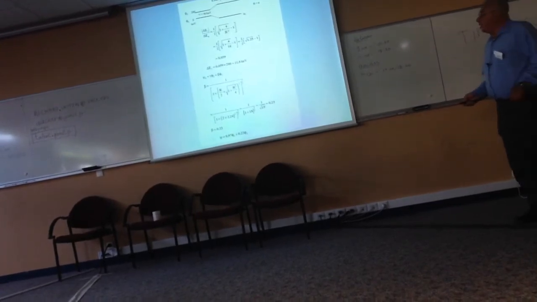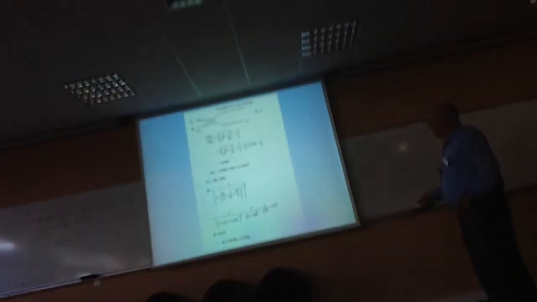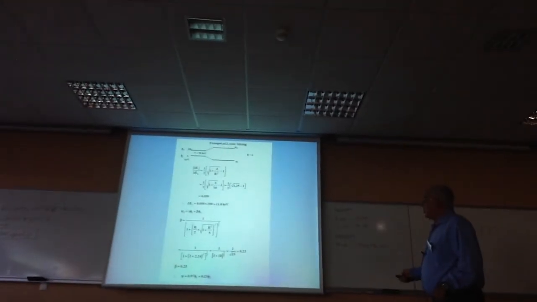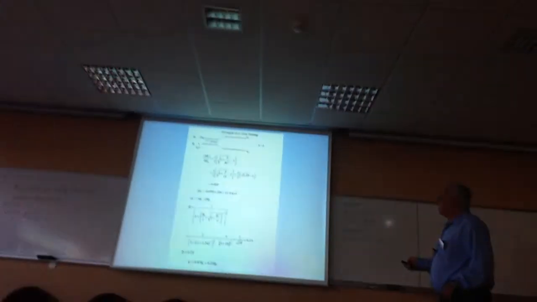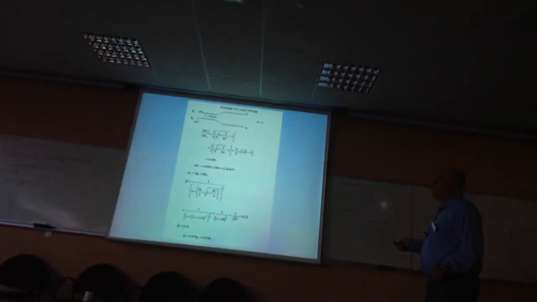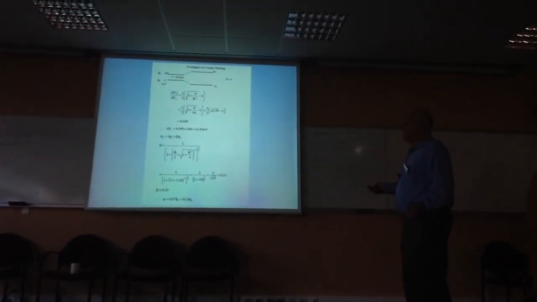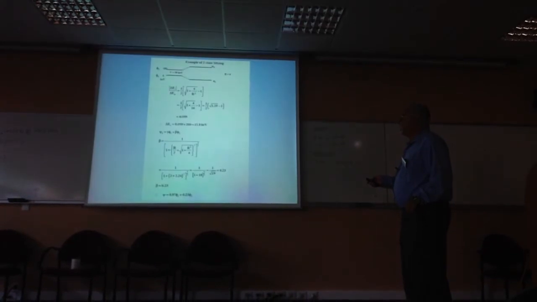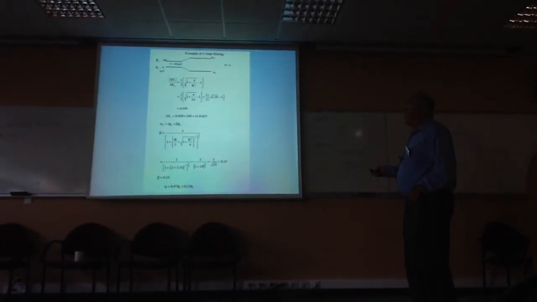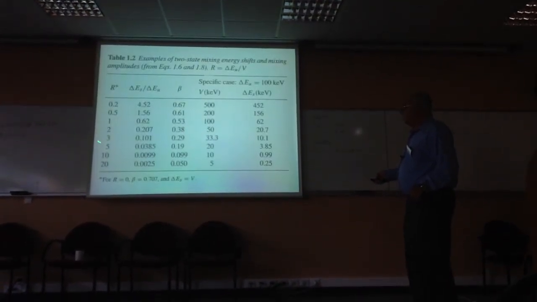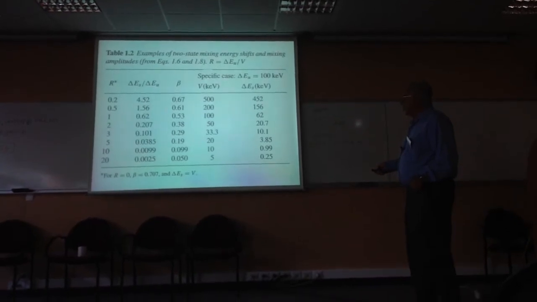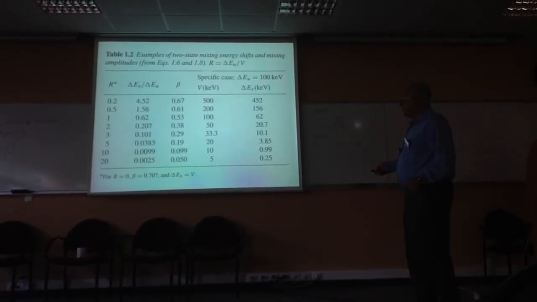All right. Here is a concrete example, which I don't think I'll go through, but it'll be in the slides. I take a case of two levels which are 200 kilovolts apart with a 50 kilovolt matrix element. So that's an R of 4, and that's in between 3 and 5, so you can already guess. But you can actually look at this and guess what beta is going to be.